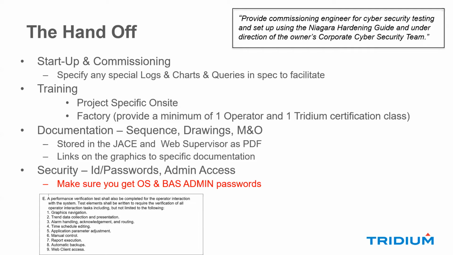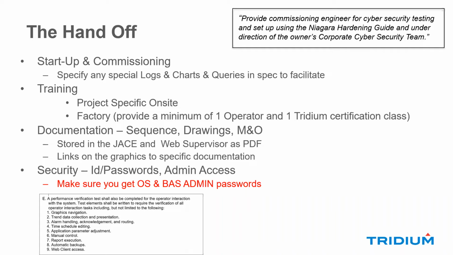If you build them into the building automation system as links on the graphics, it's much easier to get access to those instead of looking up some book somewhere or going to a separate website online. So I think it's very important to have links and graphics to specific documentation and job documents.